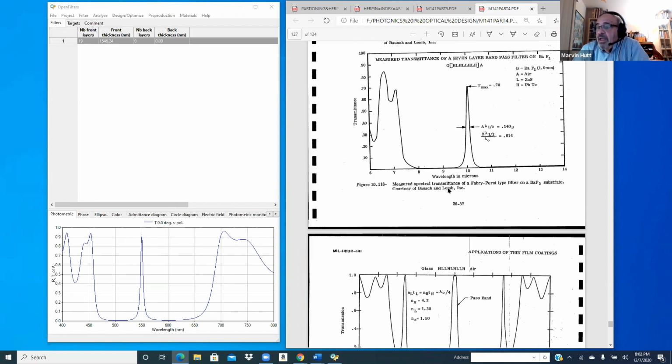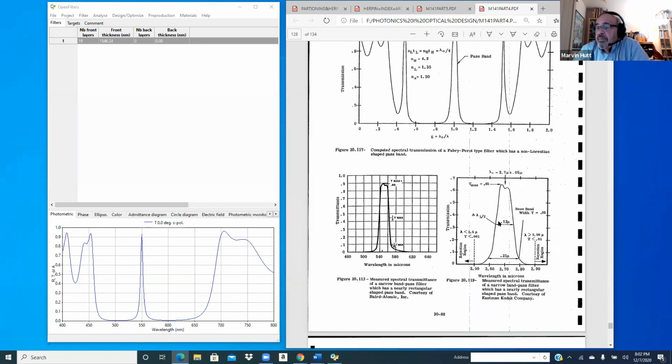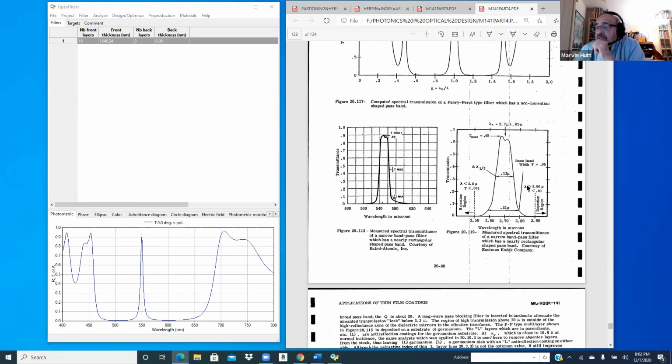And here you see the outside bands of a Fabry-Perot, which is one layer of high and low material. This is what you would typically see as your spectral reduction.